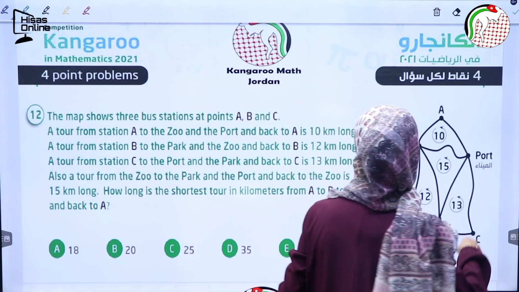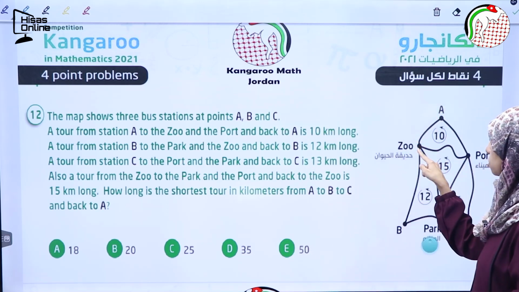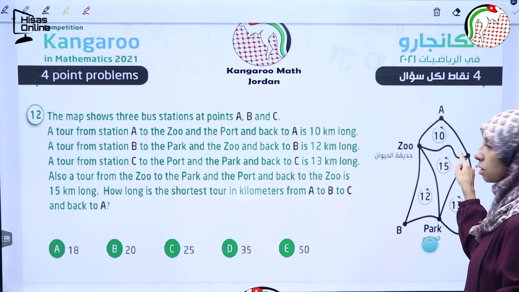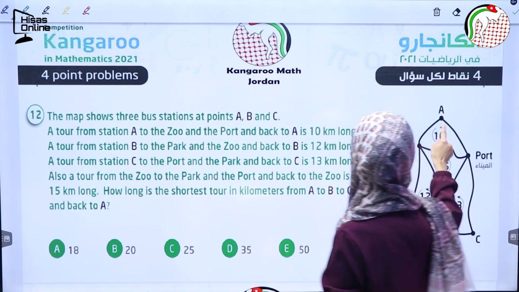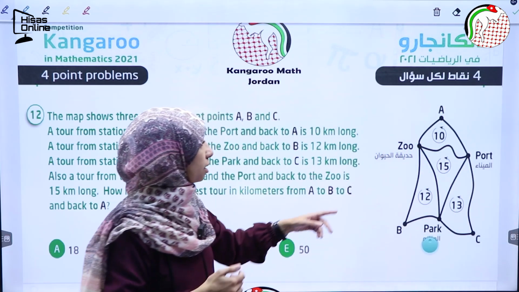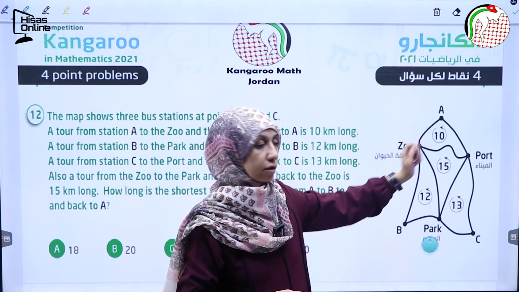They said that from A to the zoo to the port, moving back to A, this tour is 10 kilometers long.